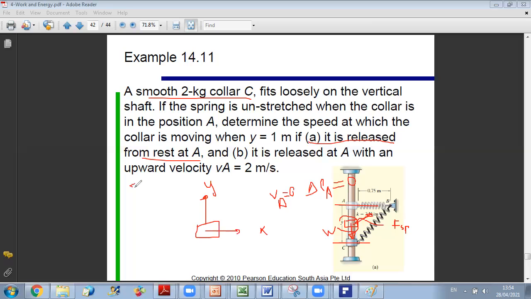Yes, the sum of forces in X is zero. In the free body diagram, we put the weight along Y, and we put the spring force because it's a stretching case. It was initially unstretched and now the spring is stretching, so the spring force will be like this. So to have equilibrium along X, how should the normal force from the rod on the collar be?